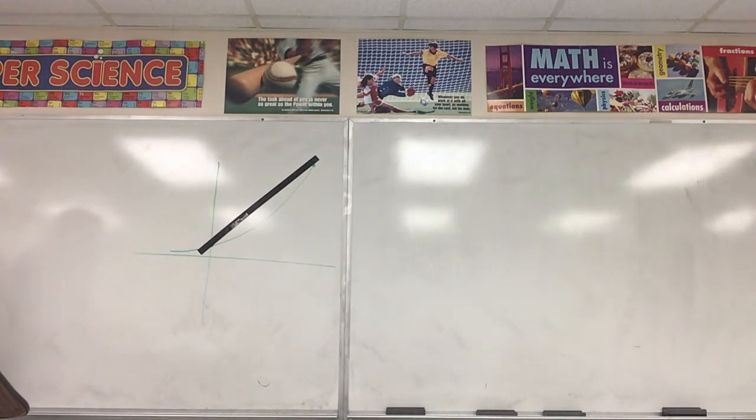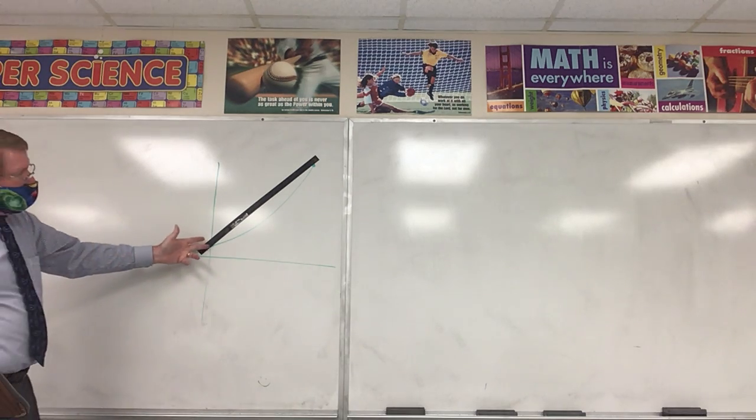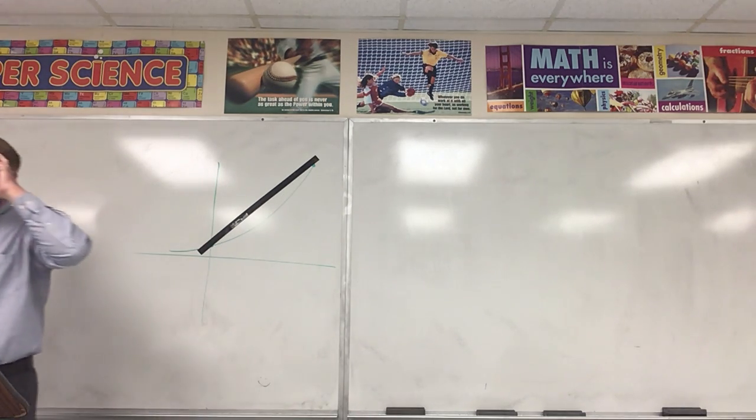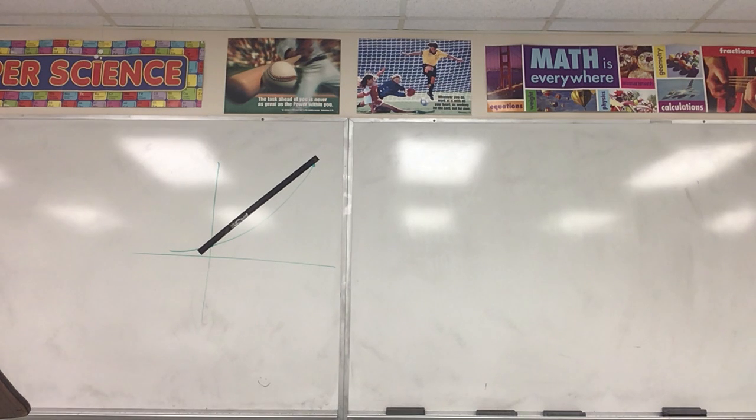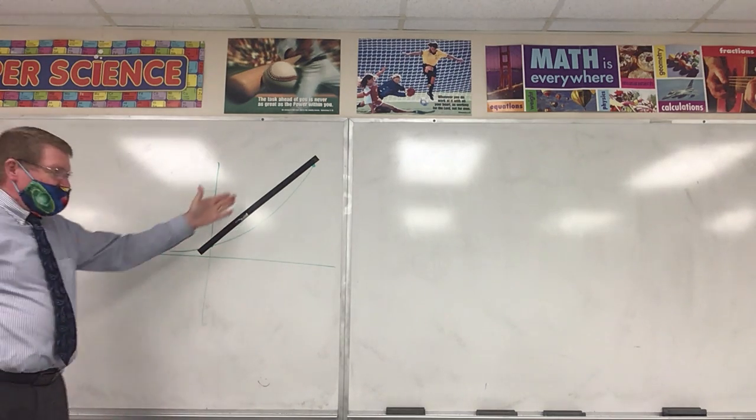We have this graph here, and this is my linear equation, which is a secant line. A secant line is a line that intersects a graph at more than one point. So it intersects twice, so that's my secant line. Alright, the slope of this line represents what?